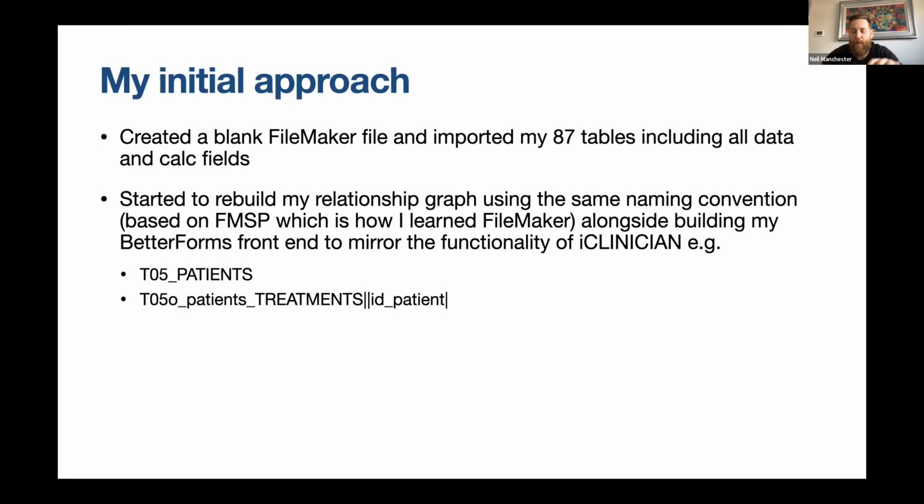I was rebuilding the relationship graph alongside building the functionality I had in iClinician, but in BetterForms. For example, as I built my patient list, I'd rebuild the elements of the relationship graph relating to patients at the same time, so it followed through side by side.